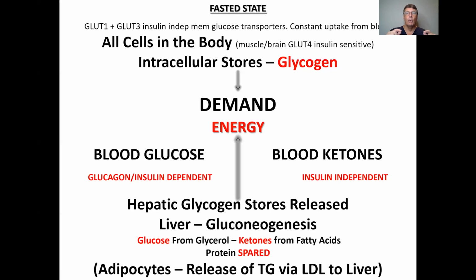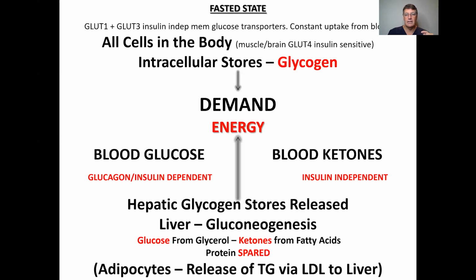But they also have the capacity to tap into their glycogen stores, although that is not desired. That's kind of their backup energy resource. So they use those glycogen stores.